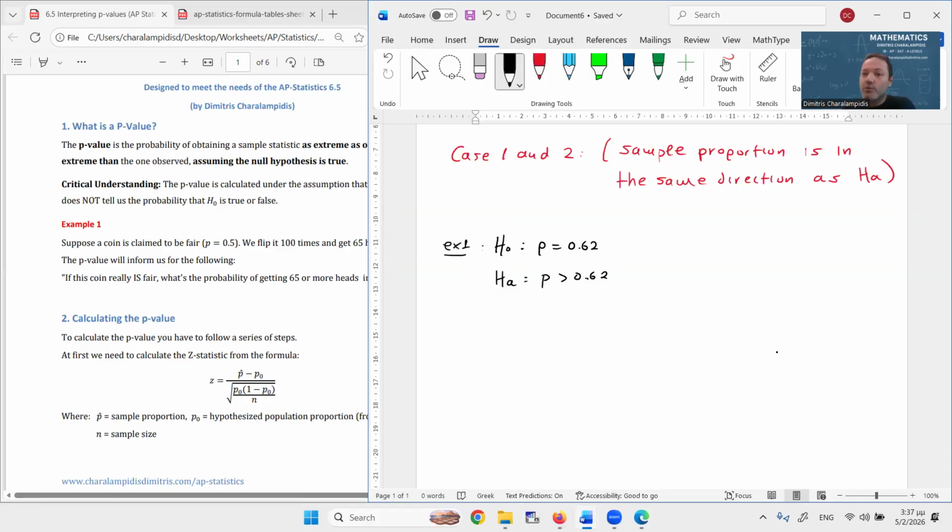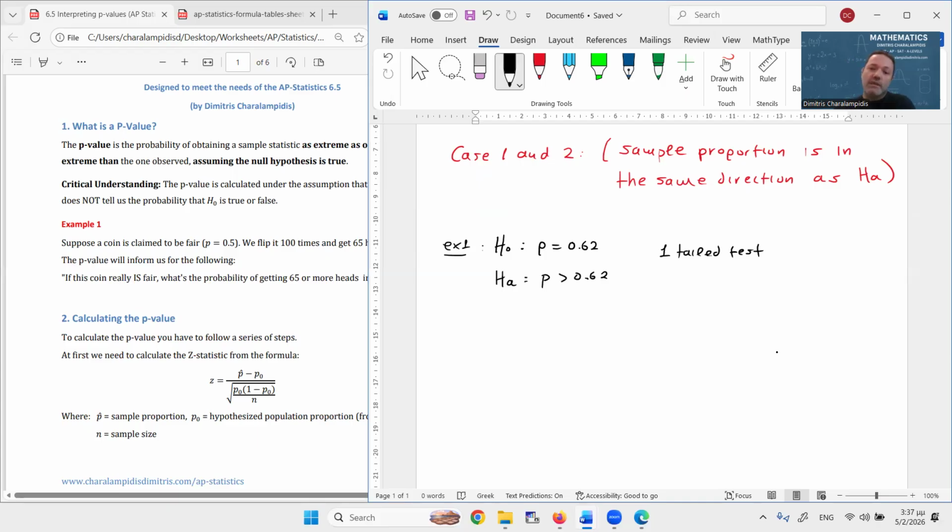First of all, we should all know that this is called a one-tailed test, because the alternative hypothesis indicates only one direction, only the cases where the proportion is greater than something.